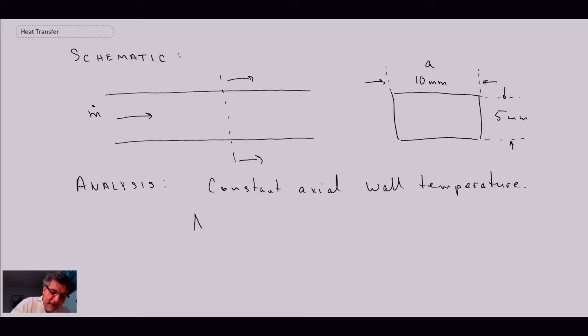Sure enough, you look up the value in a book and you will find that this would be a rectangular channel with an aspect ratio of 2. So we would have A and B as shown there. And you get a Nusselt number for that condition of 3.391. And remember, this is the Nusselt number evaluated using the hydraulic diameter.